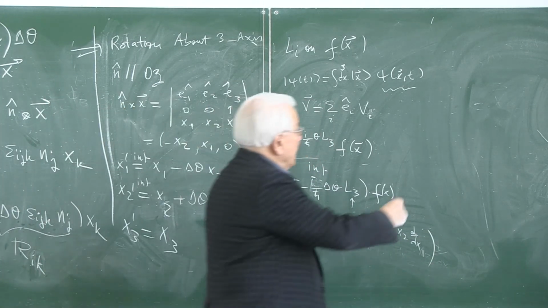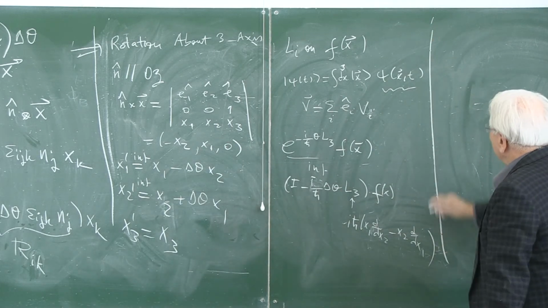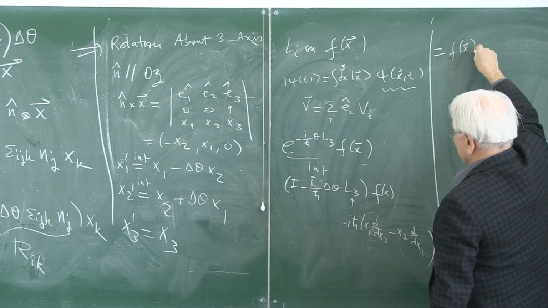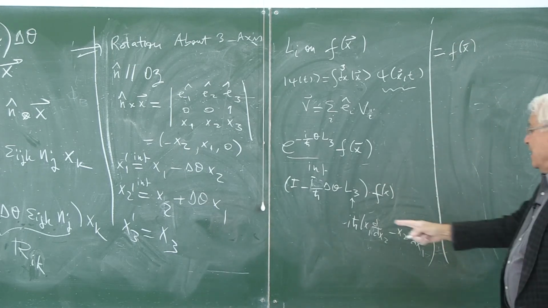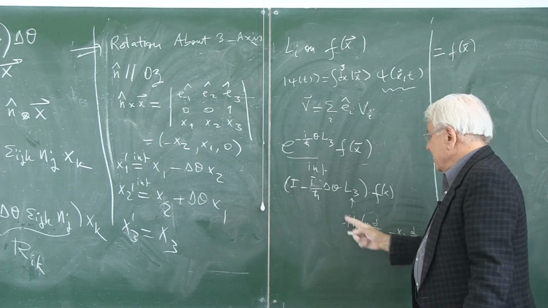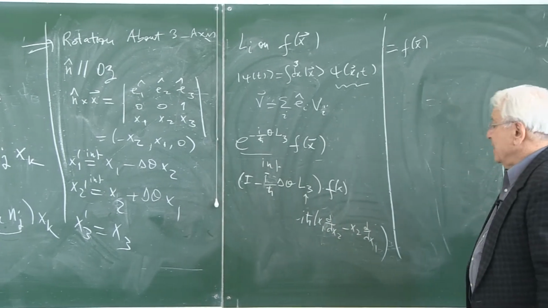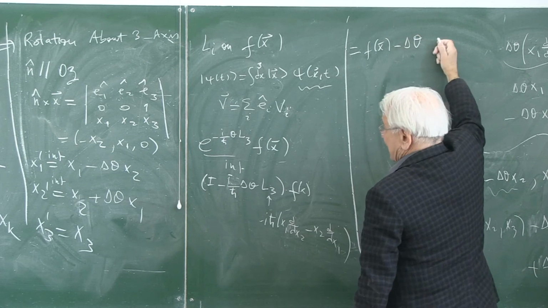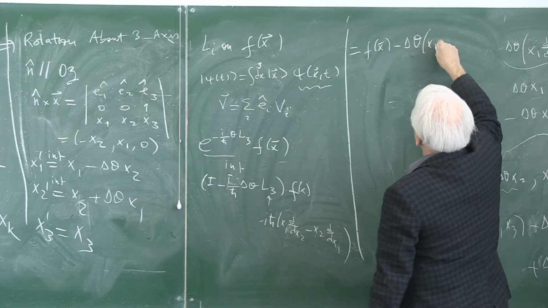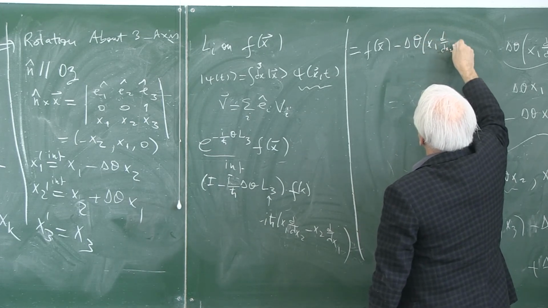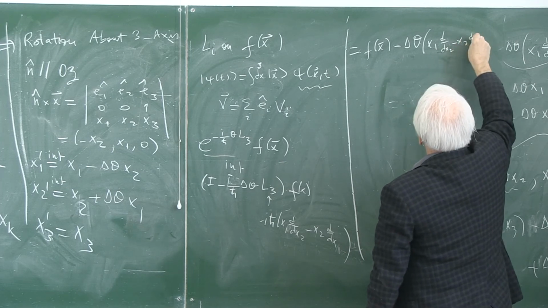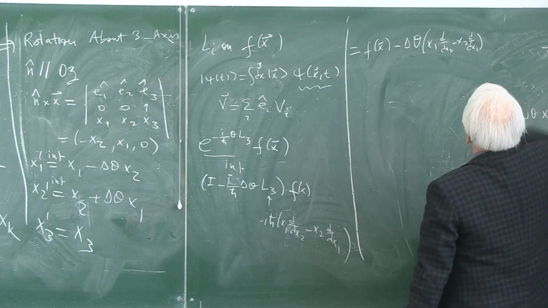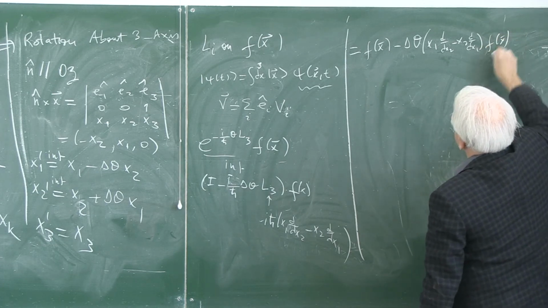So this goes like f of x minus, here's another minus, right, delta theta times x1 d dx2 minus x2 d dx1 on f of x.